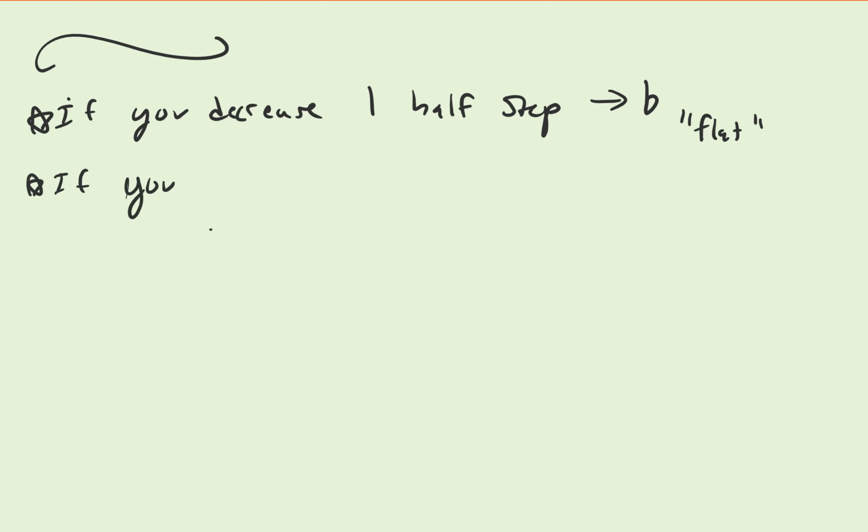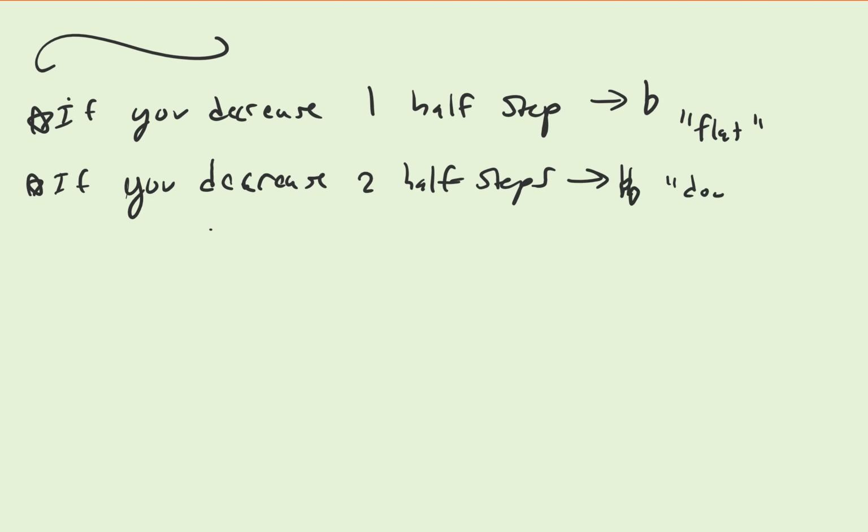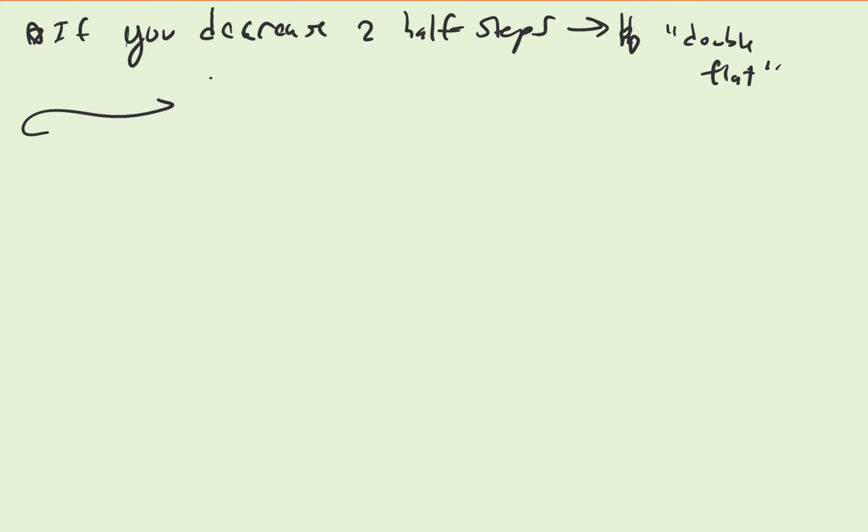And if you decrease 2 half steps or a whole step, that's going to be a double flat. And there's no common symbol for a double flat like there was double sharp. So you just represent it with 2 flats.